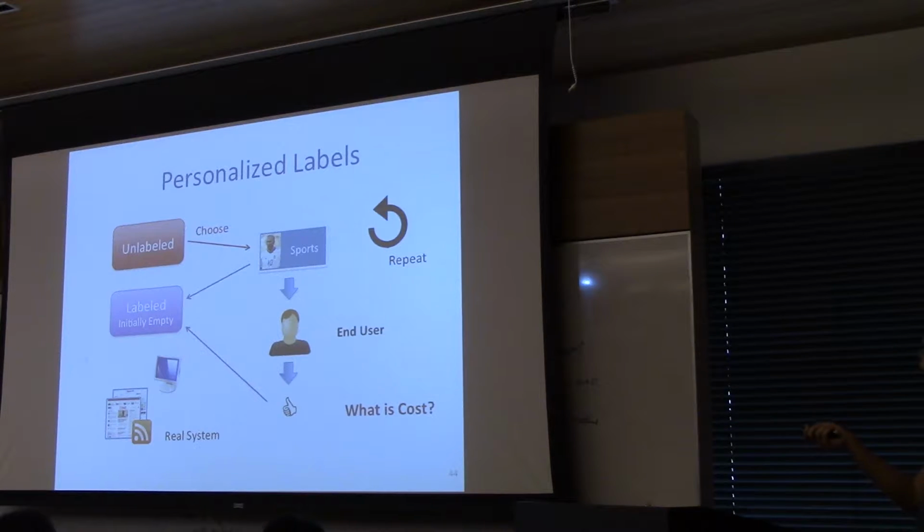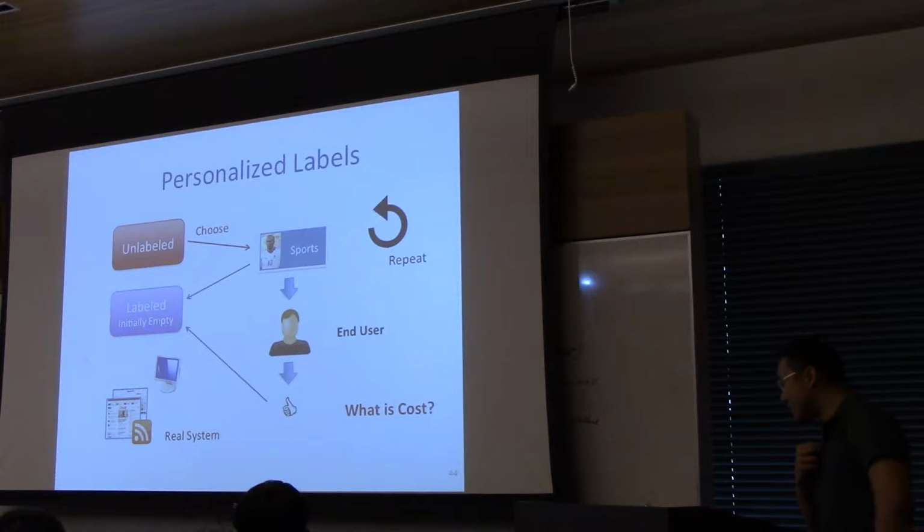Then the recommender system chooses an article, recommends it to the user. Let's assume the user gives it feedback, thumbs up or thumbs down. This is a label that we can add to our training set to learn a better model of what the user likes. So now we just replace the crowd with the actual end user, and this process repeats.